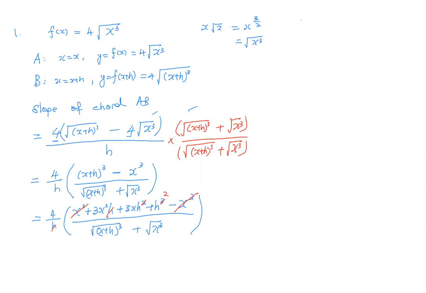Okay. So at last, I got my slope function as this, the slope of the chord, the whole thing divided by square root of.